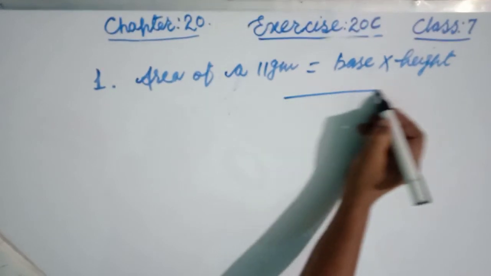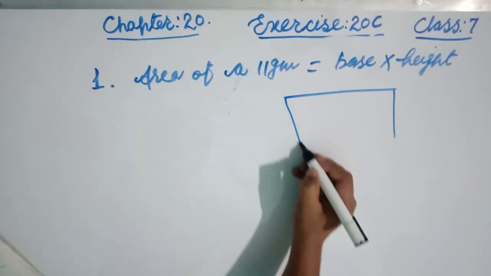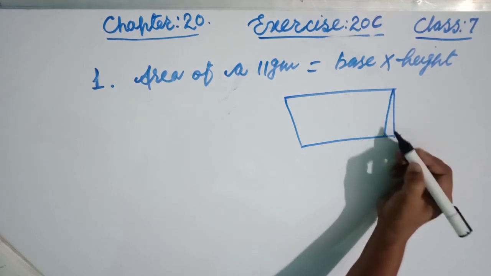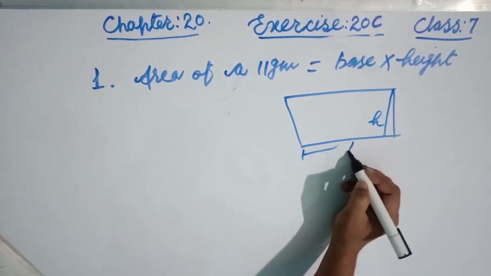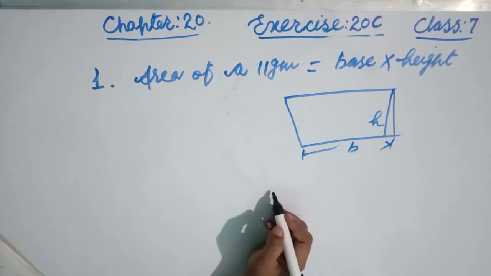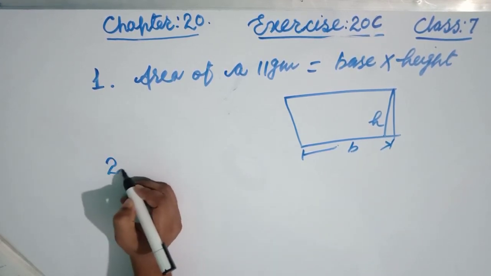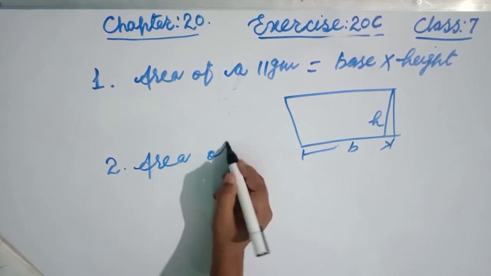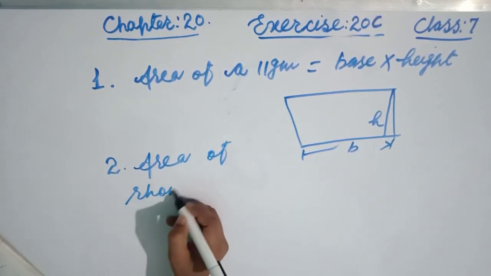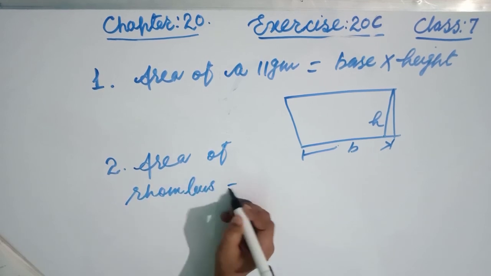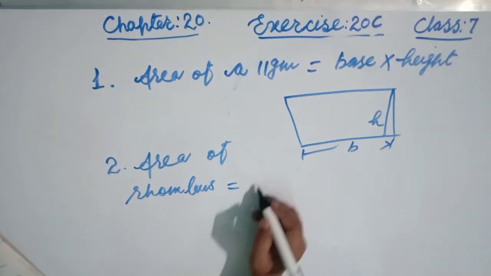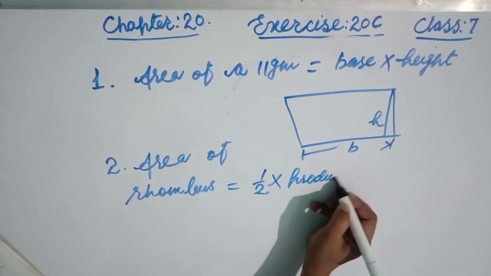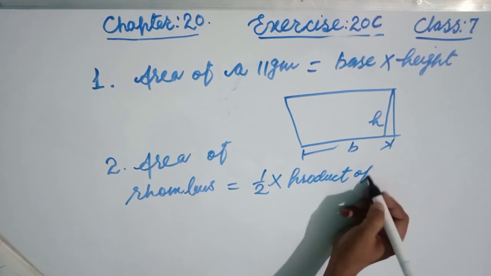Now see, friends, this is a parallelogram. Have a look. This is the height, friends, and this is the base. Now the second one, friends, is the area of a rhombus. The area of a rhombus, friends, is half the product of diagonals.